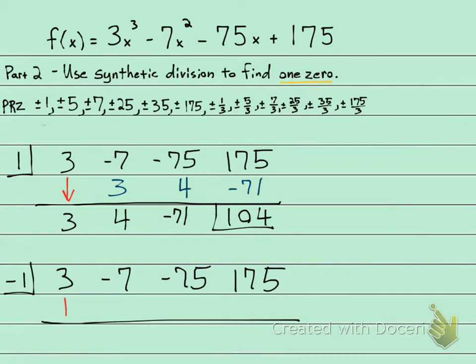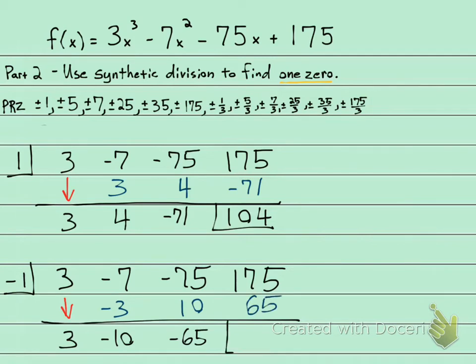All right, first one comes down, is 3. -1 times 3 is -3. -7 plus -3 is -10. -1 times -10, and negative times a negative is a +10. -75 plus 10 is -65. -1 times -65 is a +65.